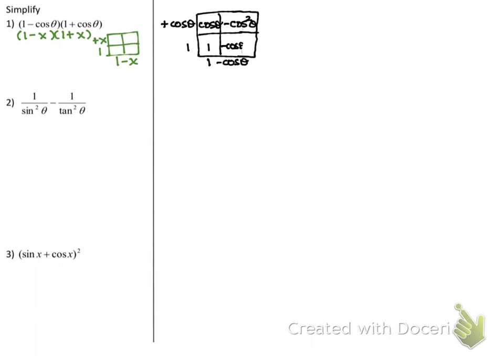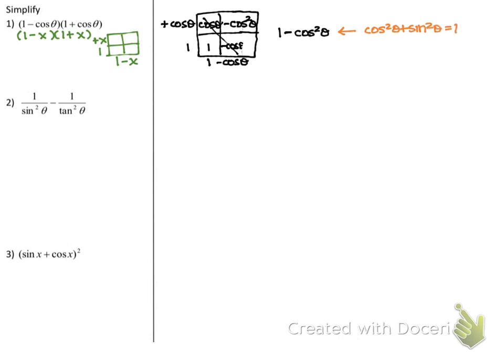Remember, you're squaring the cosine, you're not squaring the angle. Take a look at this. The positive cosine and the negative cosine cancel. We actually get 1 minus cosine squared theta, but this is not done because there's an identity for this. So just as a reminder, the one we're going to use a ton is that cosine squared plus sine squared is equal to 1.